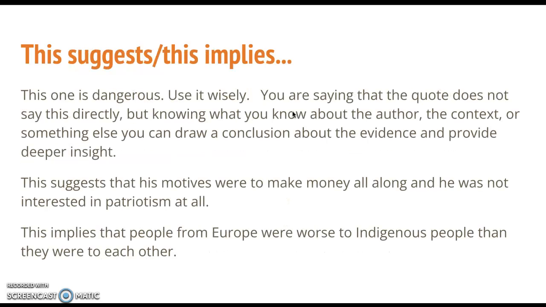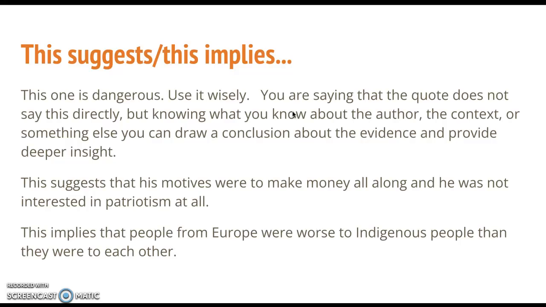This suggests, this implies. This one is dangerous. This one's really spicy. This is like using really hot peppers or something. You are saying that the quote does not say this directly, but knowing what you know about the author, the context, or something else, you can draw a conclusion about the evidence and provide deeper insight.